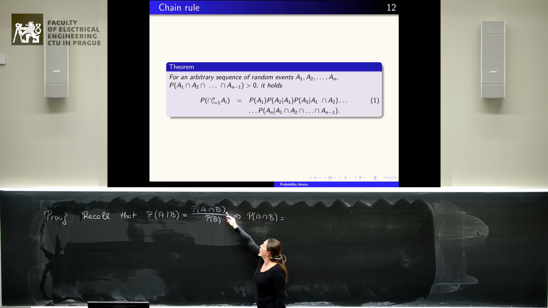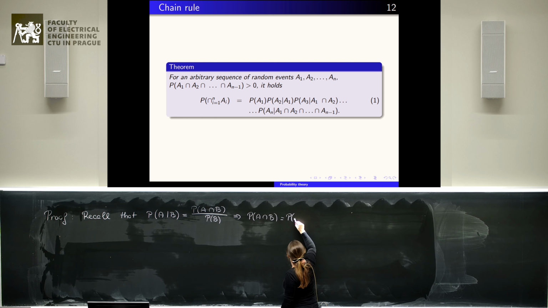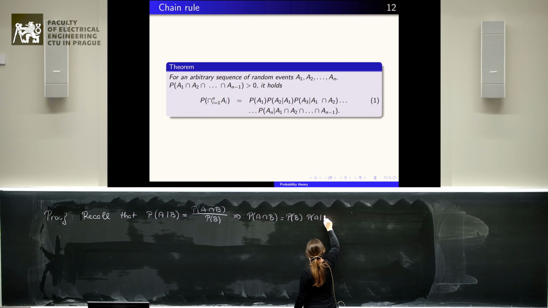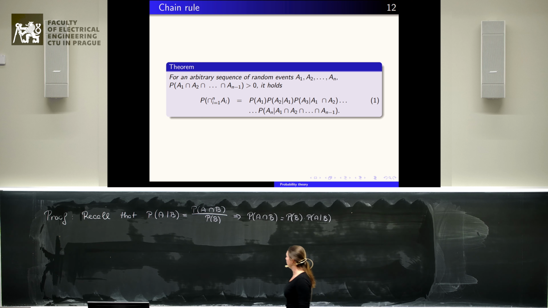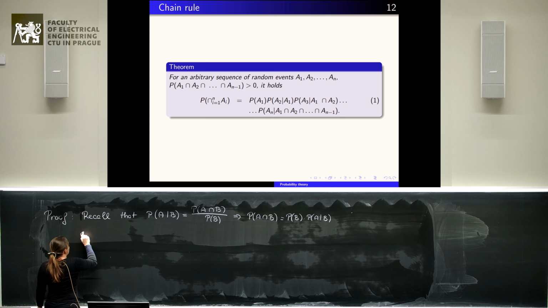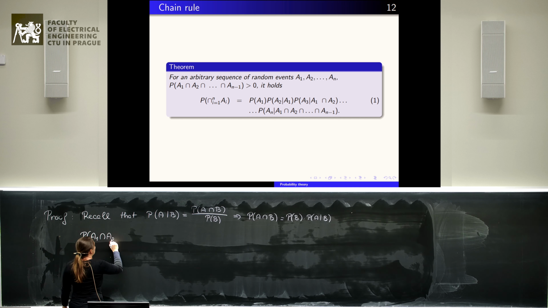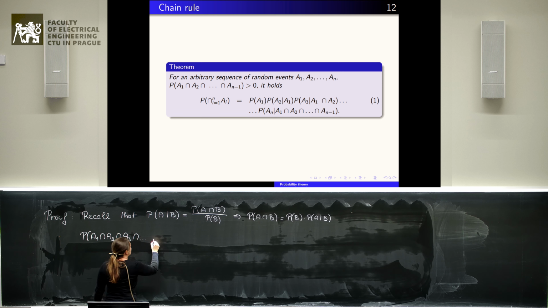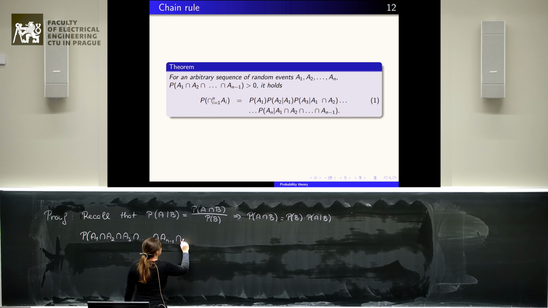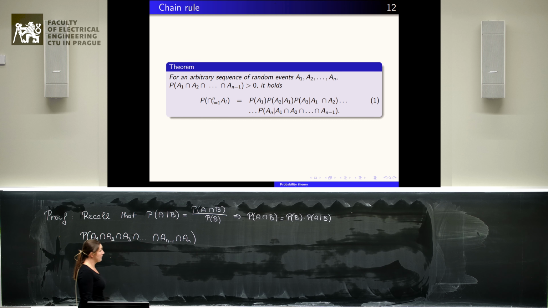The probability of the intersection is the probability of B times the probability of A conditionally on B. Okay? It follows directly from the definition. We want to calculate the probability of A1 intersected with A2, intersected with A3, and so on, intersected with AN minus 1, intersected with AN.